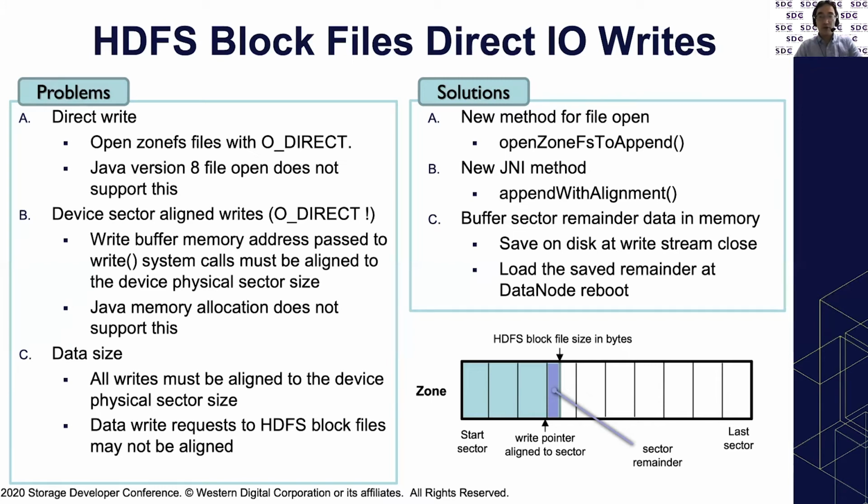Regarding the third problem, the sector remainder can be kept in the memory. During the write operation, this sector remainder is kept in memory, and when the write stream of the block file is closed, this remainder data in memory is saved on the disk.